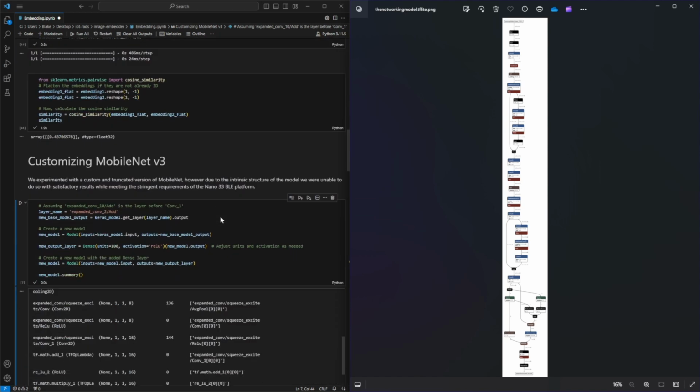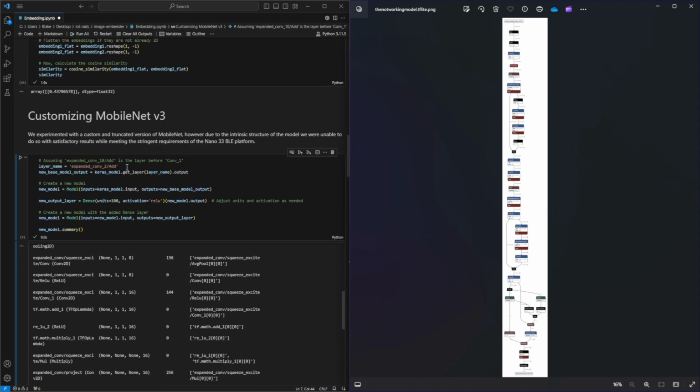The entire MobileNet model, which was not possible, was then sheared down to only consider 2 of the 12 convolutional layers within it.